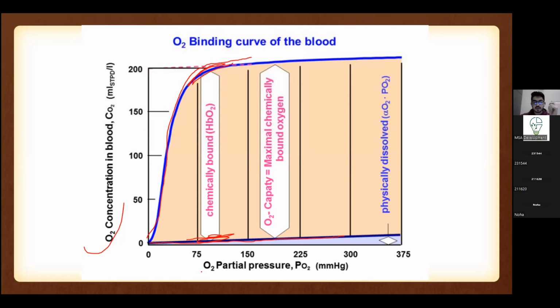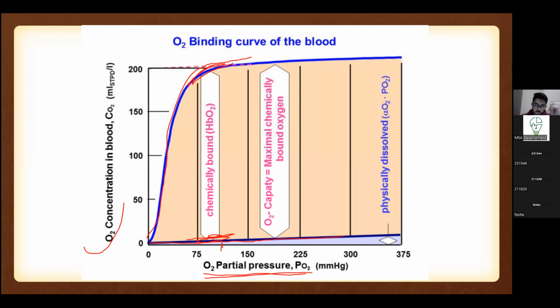As you increase partial pressure, the difference between the two graphs is going to increase. And what did we say? The difference between the two graphs was the chemically bound. Therefore, you can tell that the amount of chemically bound is going to increase as you increase the partial pressure. You can see that this will continue up until a limit.